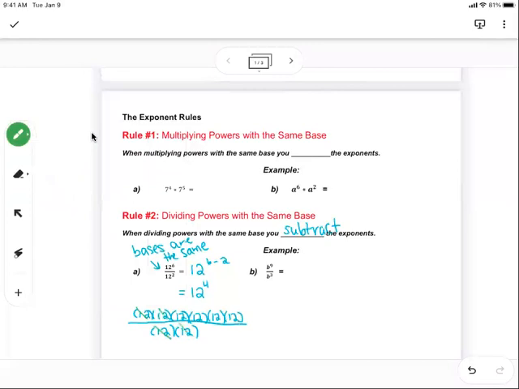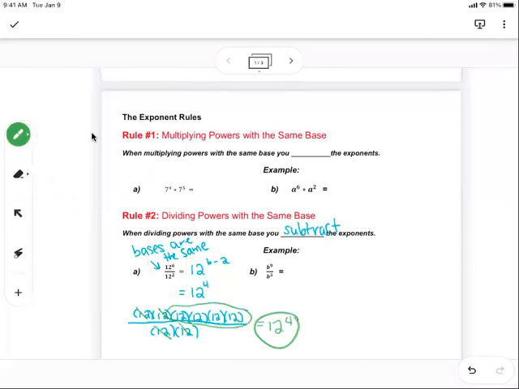So 2 of the 12s on the top will cancel with 2 on the bottom, and you're going to be left with just these 4. 12 times 12 times 12 times 12 is equal to 12 to the 4th power. That's where this comes from. So the rule only works if you have the same bases. The bases are both 12. They were the same, so it works for this.